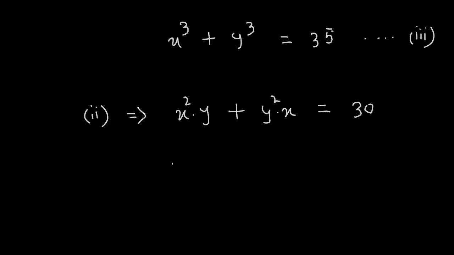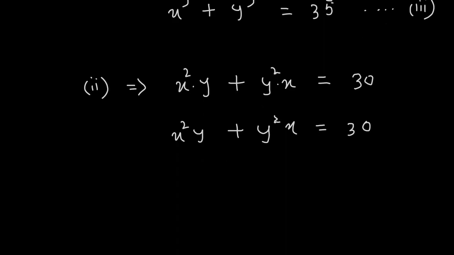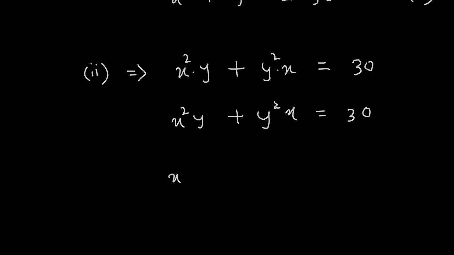From here we get x square y plus y square x equals 30. We can take xy as a common term and we can write xy times x plus y equals 30. We can give this equation number 4.